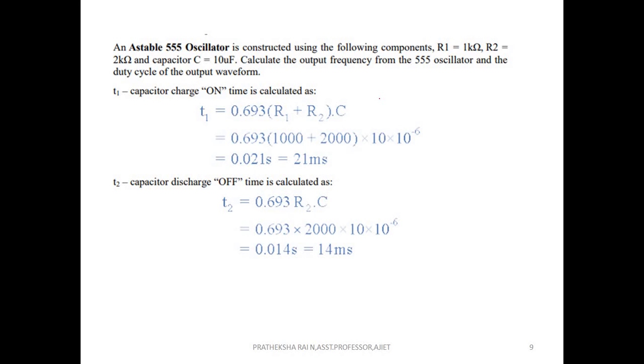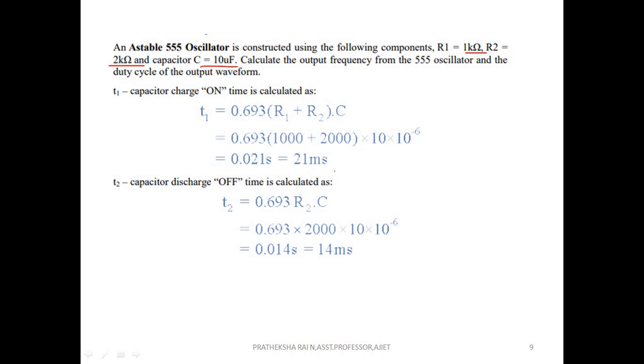For the 555 timer, we know that for charging it takes the path through R1, R2 and C, and for discharging it takes C and R2. So the capacitor charge time, high time, T1 is equal to 0.693 into R1 plus R2 into C. R1 is given as 1 kilo ohm, R2 is given as 2 kilo ohm, and C is given as 10 microfarad, so 10 into 10 to the power minus 6.